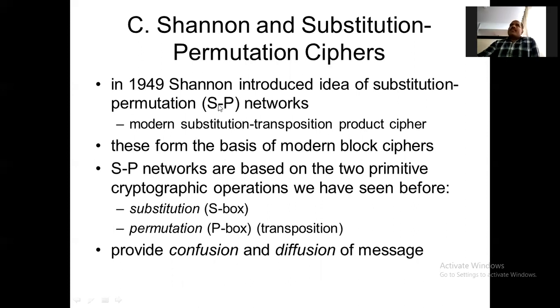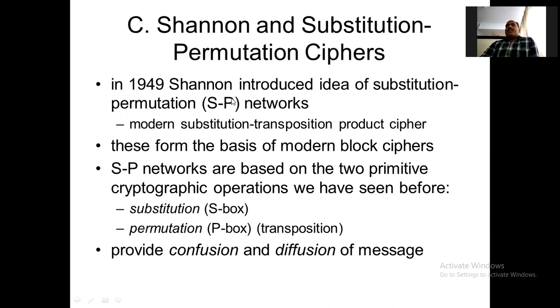In 1949, Shannon introduced the idea of substitution-permutation networks. Substitution means we replace characters by characters, and permutation means we take permutations and combinations. So the modern substitution-transposition product cipher forms the basis of modern block ciphers, and substitution-permutation networks are based on two primitives.